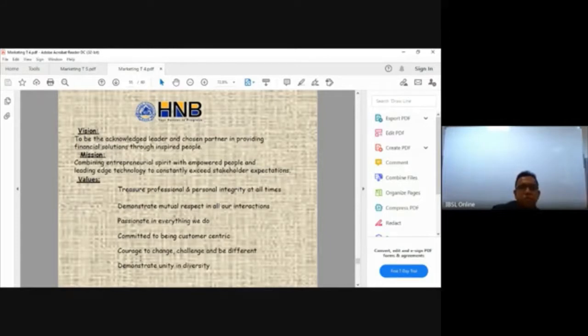Values: preserve professional and personal integrity at all times. Again, being ethical and professional. Mutual respect in all our interactions. Respect everyone. Passionate in everything we do. Being passionate in doing the job. Committed to being customer centric, customer focused. Courage to change, challenge and be different. Demonstrate unity in diversity. Again, large banks like HNB have to treat everyone alike.